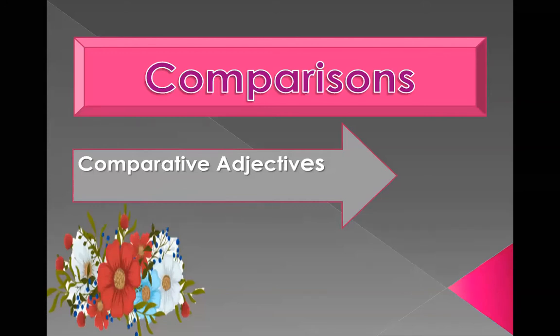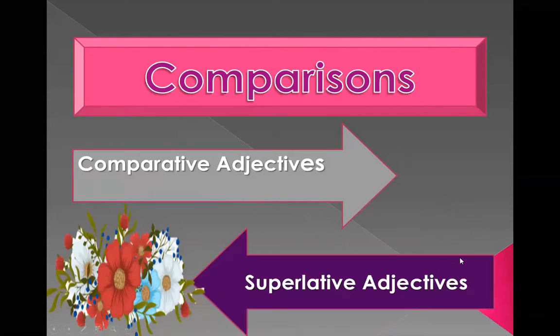If we are comparing between one thing and more than one, or one person and more than one, we use the superlative form. So our lesson is about the comparison, the superlative, and the comparative form.